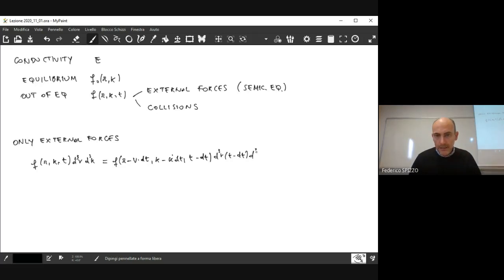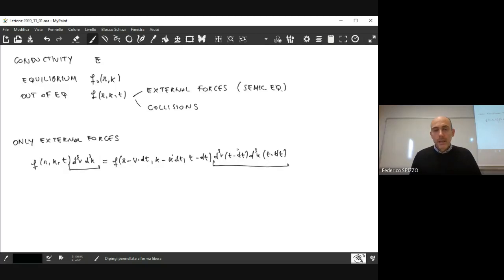And then I have d3k at t minus dt. Since in this equation we just consider the contribution of dynamics, this is the phase space volume that corresponds to time t, and this is the phase space volume that corresponds to time t minus dt.